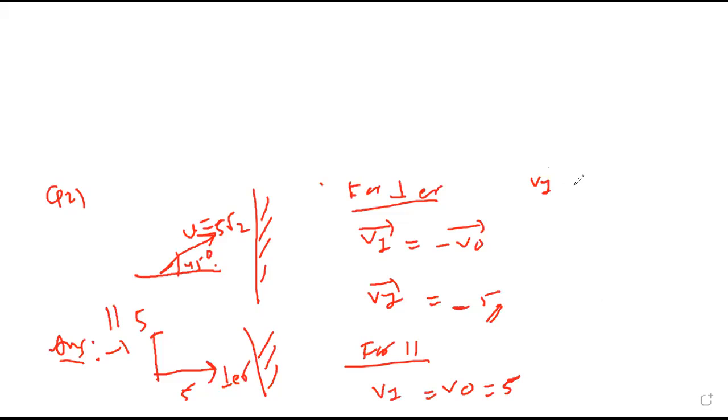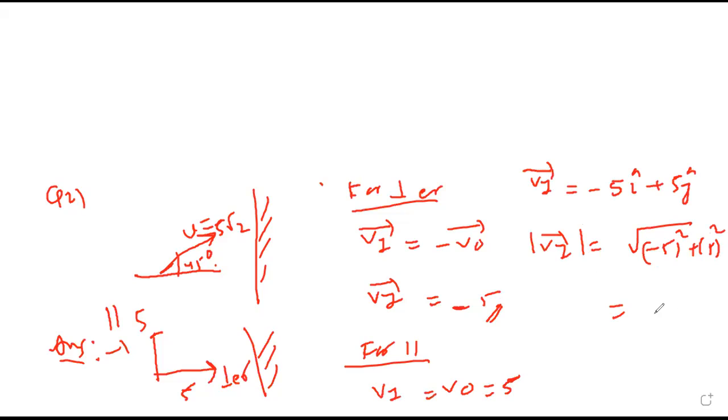So can I say the image velocity will be minus 5 i cap plus 5 j cap in vector form, and its magnitude, if they ask, will be root of minus 5 squared plus 5 squared, which is the same as 25 in root, that means 5√2. ये लिख लो, 5√2 with j same and i उल्टा, ऐसा हो जाएगा image.